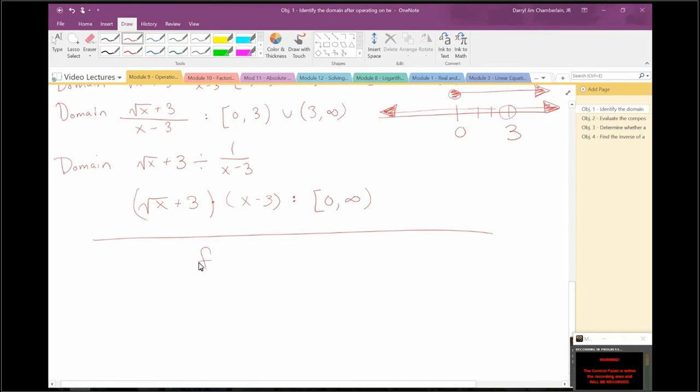But in general, if I'm going to add, subtract, or multiply two functions, the new domain is the intersection of the old domains.